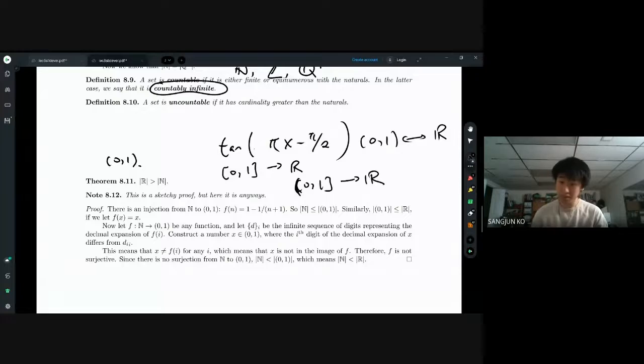Any ideas? Yeah, you're going to need to make it piecewise. In fact, any continuous attempt is going to fail. I don't know about this one.